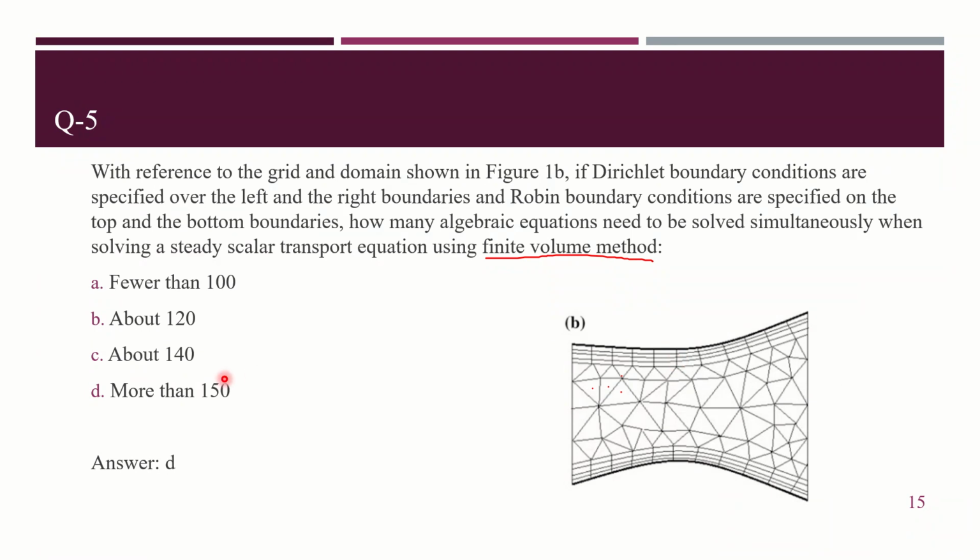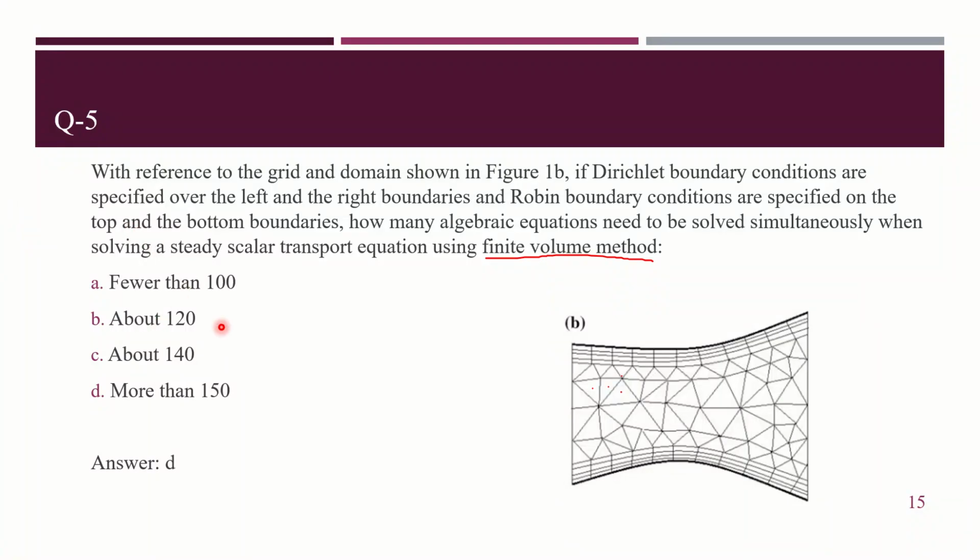So we can say that it would be more than 150. Because we are applying the boundary conditions, there might be some fewer equations that we need to solve. But on the whole, we have around 160 equations because we are counting the number of cells in this particular grid. Since it is coming closer to 160, let us look at the options. Option A, fewer than 100, false.